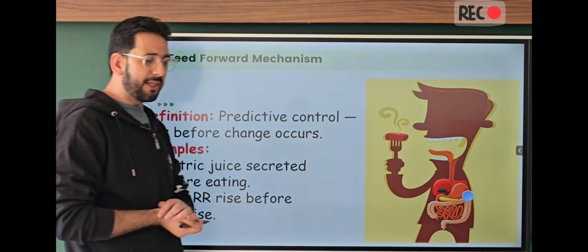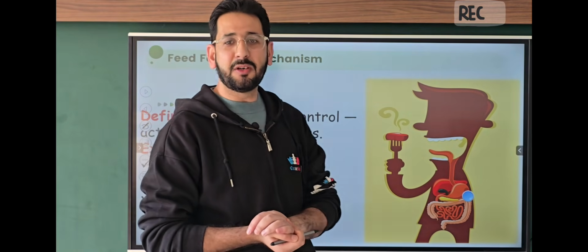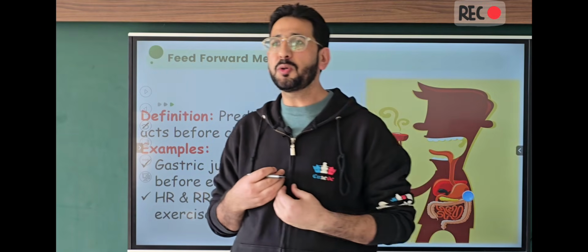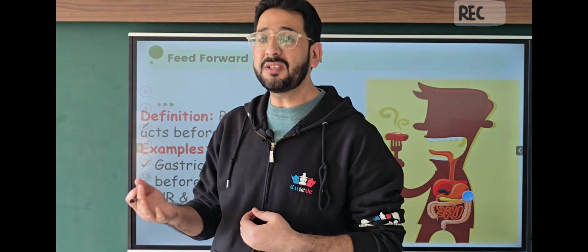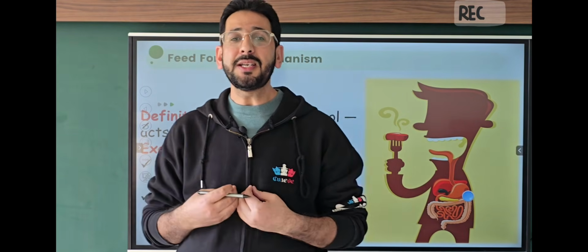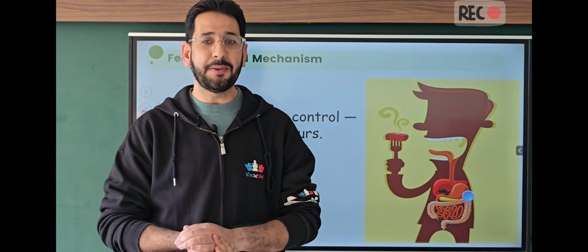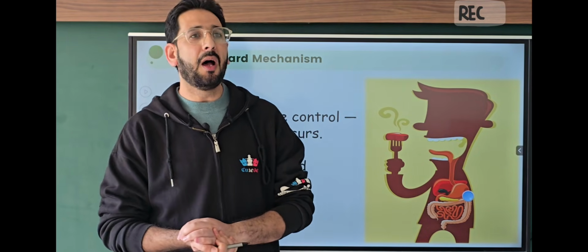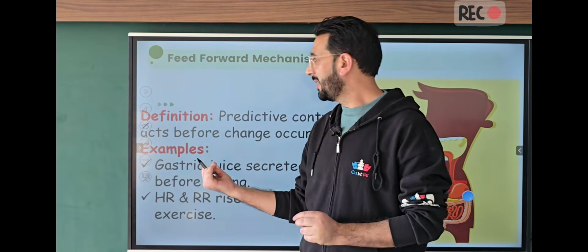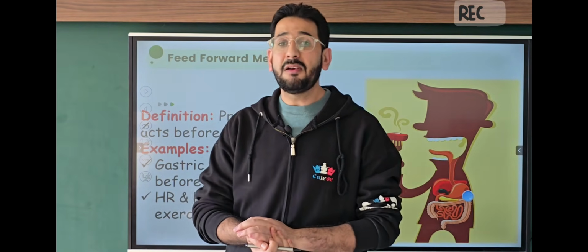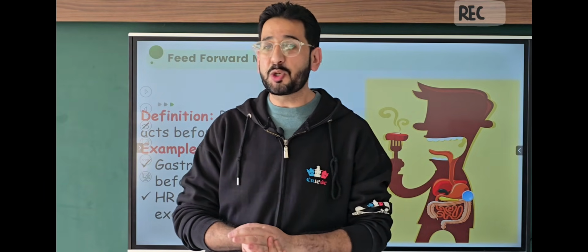Now, there is something called a feed-forward mechanism. In a feed-forward mechanism, our body is trying to compensate not after the change. Our body is predicting the change and doing something in advance. For example, the gastric juice secretion, even when the food is not in the stomach.